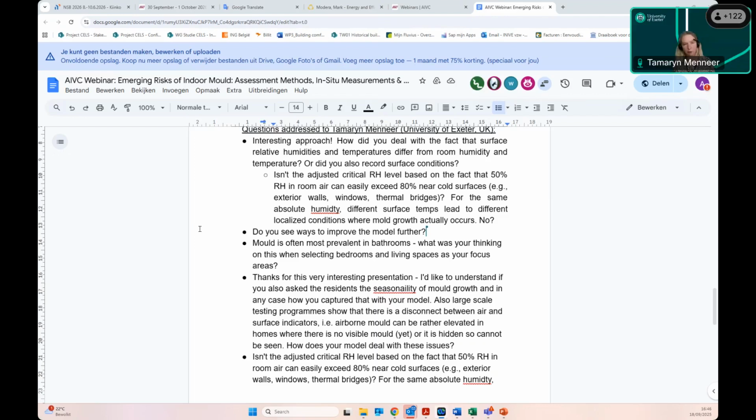Yes, I agree with that. So that's what I was trying to say in the summary slide, that the 80% is more likely to occur on surfaces. It's unlikely to be sustainable in the air. So lowering the critical relative humidity level within our model allowed that adaptation to be able to identify mold from the air readings rather than the surface readings from the original model.